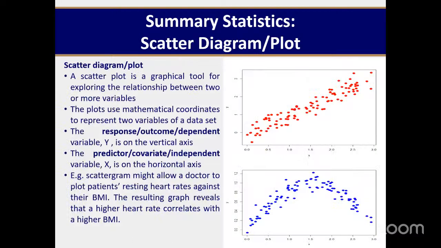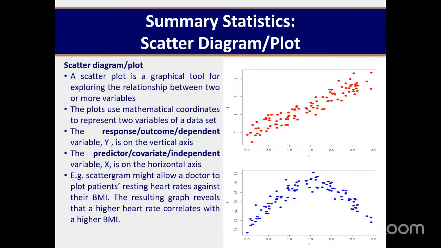What is a scatter diagram or a scatter plot? Basically, you are looking at two variables, one on the horizontal scale and one on the vertical scale. For a scatter plot, we are looking at two continuous variables.